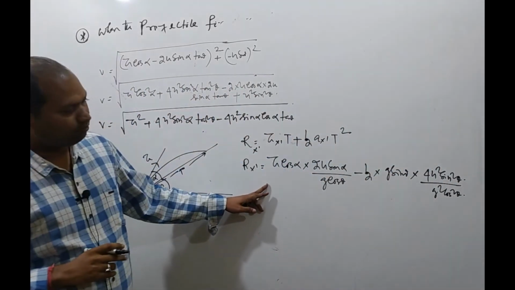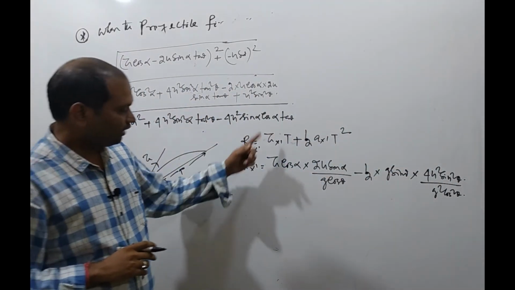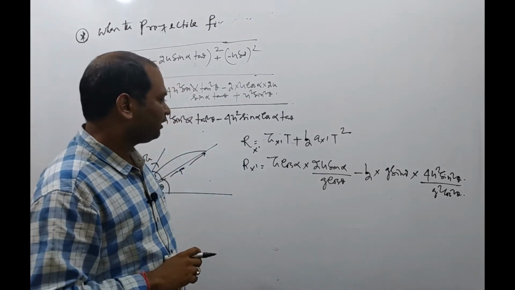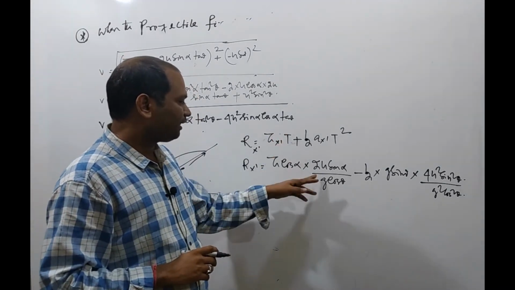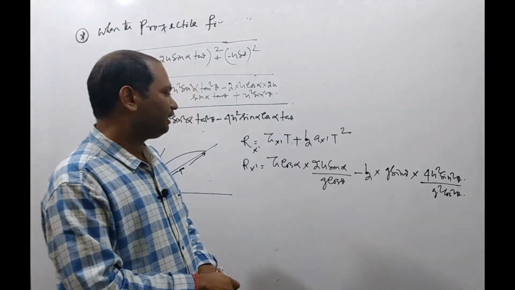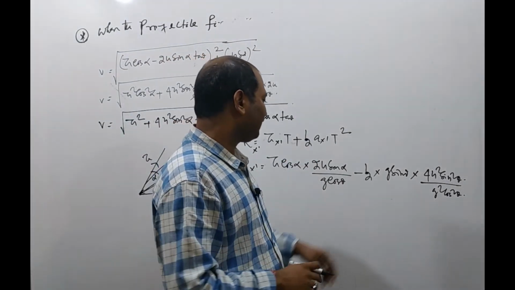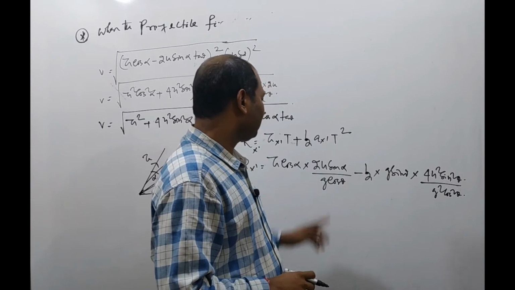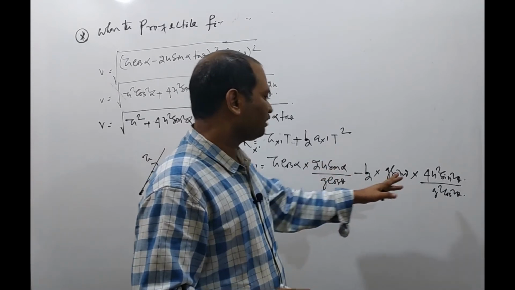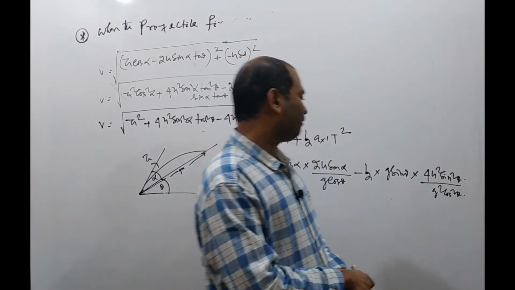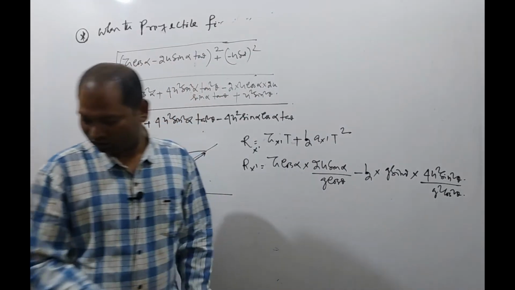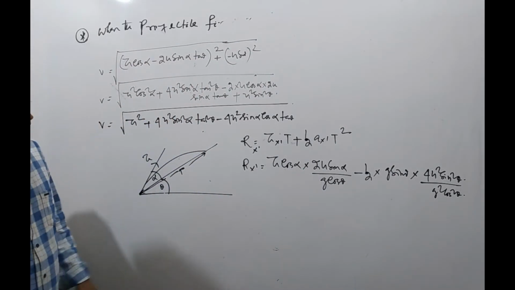Here you see ux dash, that is u cos alpha into capital T, that is 2u sin alpha by g cos theta, and ax dash, that is minus g sin theta here, and t square, that is 4u square sin square alpha divided by g square cos square theta. Okay, write down please.